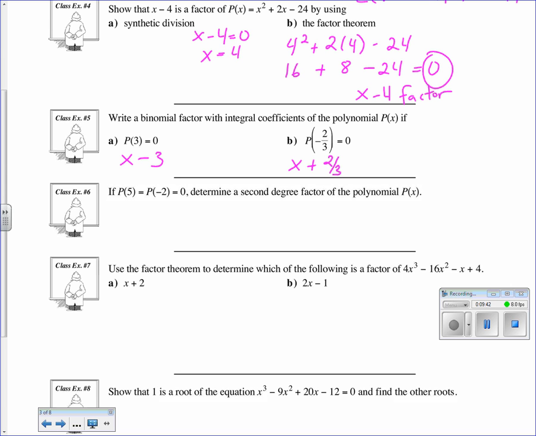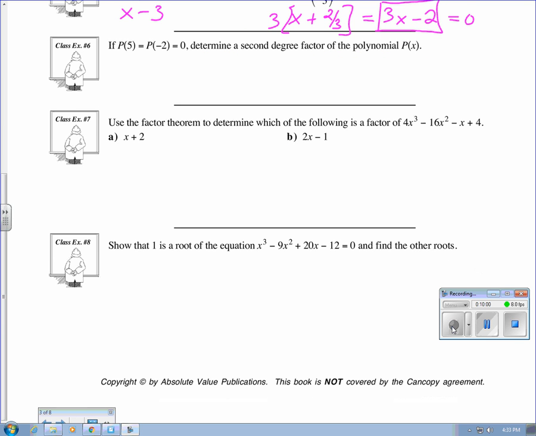That means that all the values have to be whole numbers. So I'm going to take this and multiply by 3. So that 3x plus 2 is also a potential factor written in integral coefficients.